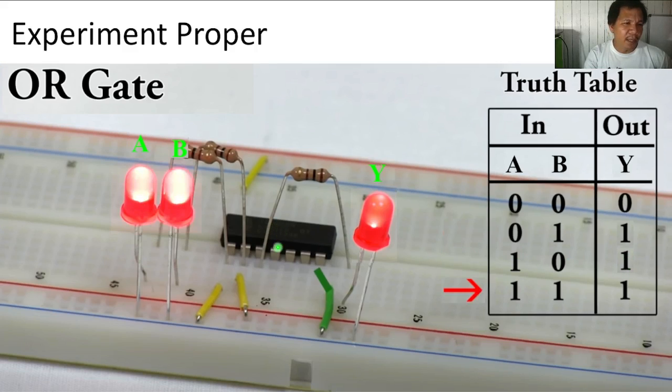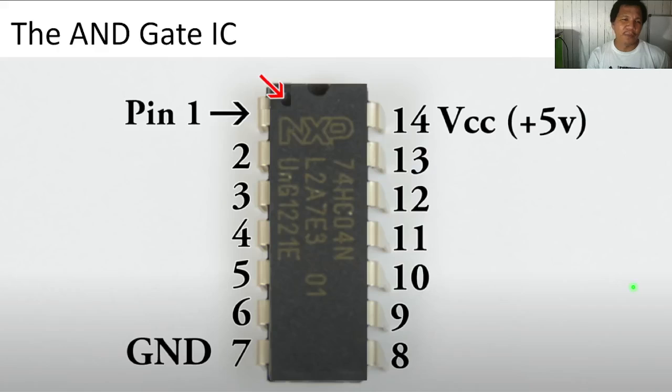Next one will be both inputs in logic 1. So therefore, the output will also be logic 1. Okay, that's the property of your OR gate. So if any of the inputs are logic 1, the output will be logic 1 also. Okay, that's for the OR gate.